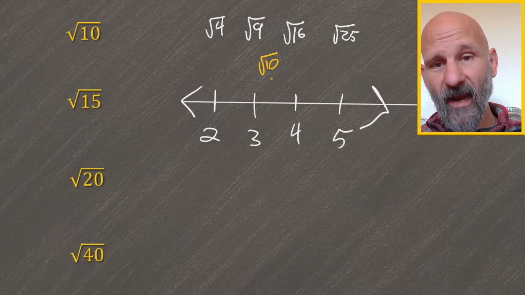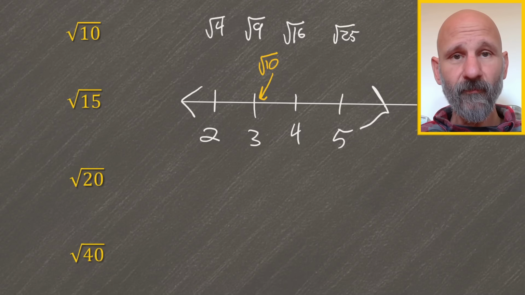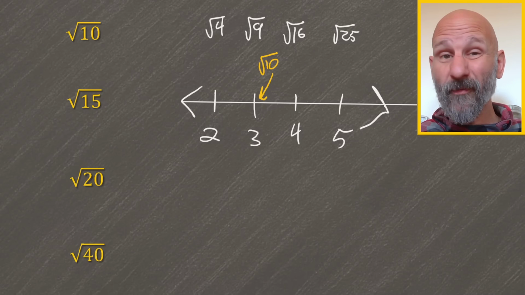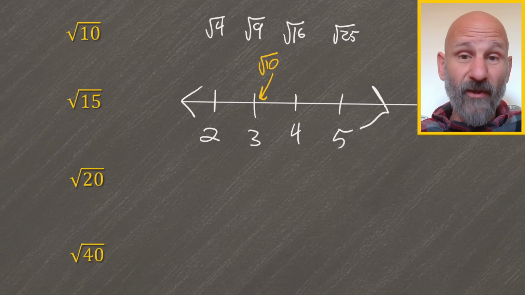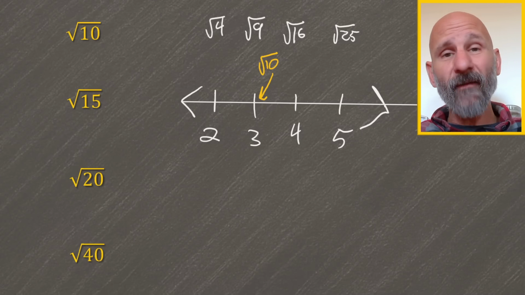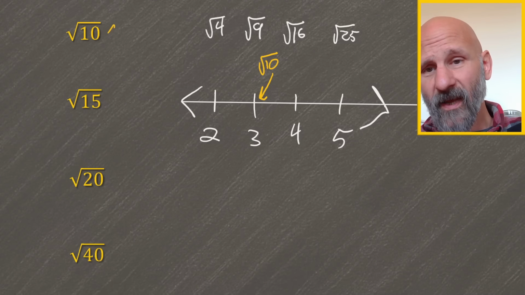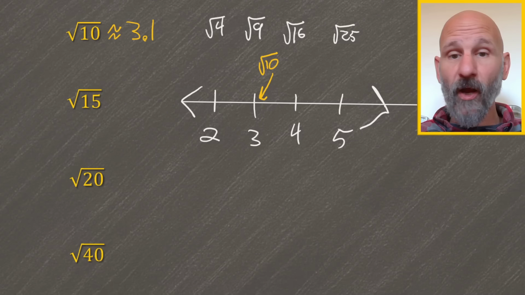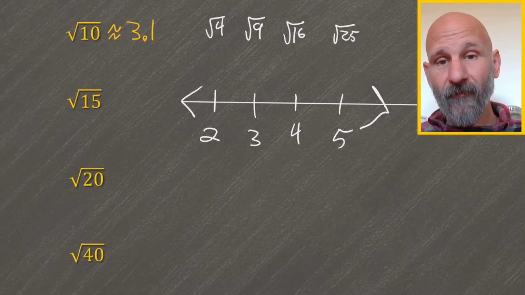So square root of 10 is actually going to live right there, just to the right of 3. So for our estimation, it's going to be about 3.1, maybe 3.2. And it really should be going about that fast when you get good at it. So square root of 10, we're just going to call it about 3.1. And done.